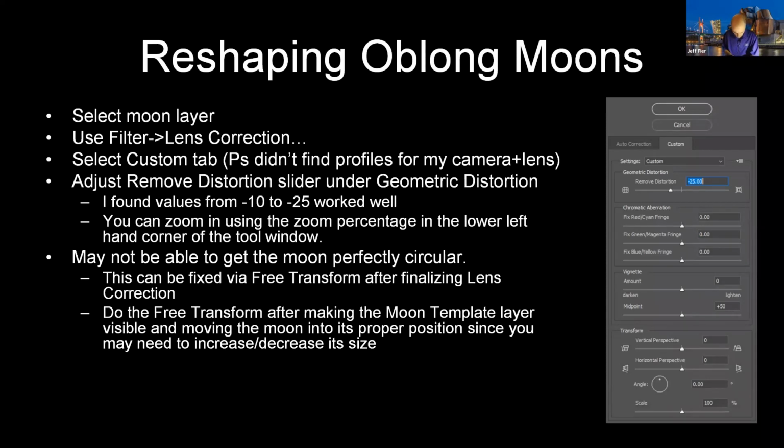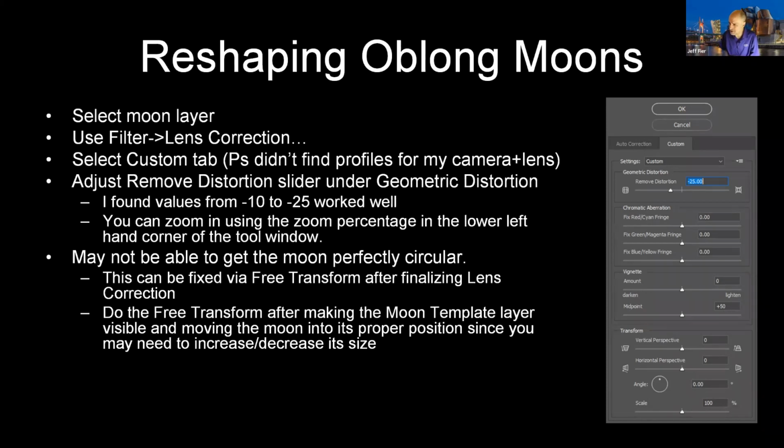Okay, so how do you go about reshaping these oblong moons? Well, as I said, I looked up online and found out I could use this lens correction filter in Photoshop. And when you open up that filter, it brings up a dialog. It has an auto correction tab because it has a certain number of cameras and lenses that it has some basic knowledge about, but it didn't have any knowledge about my camera or my lens.